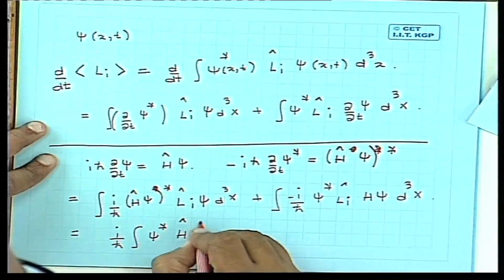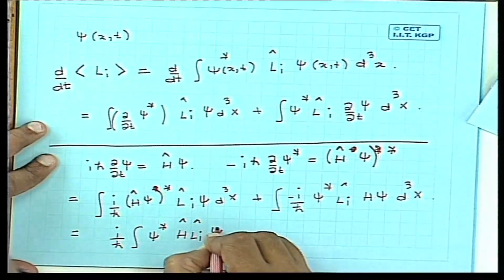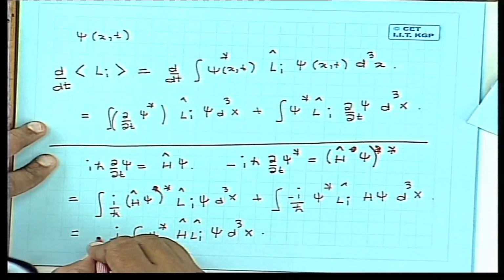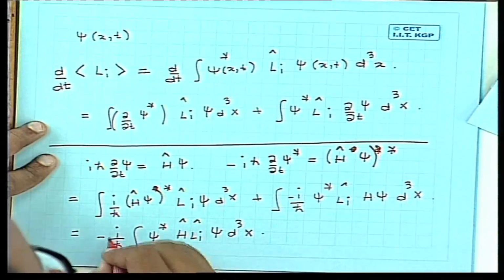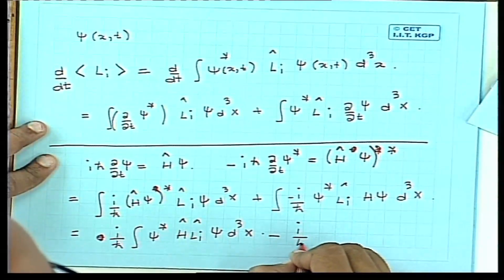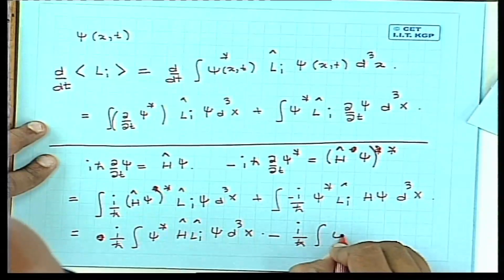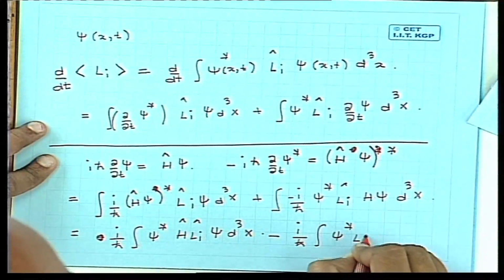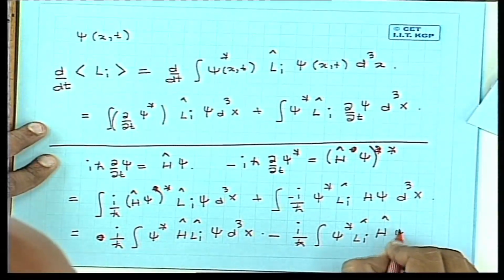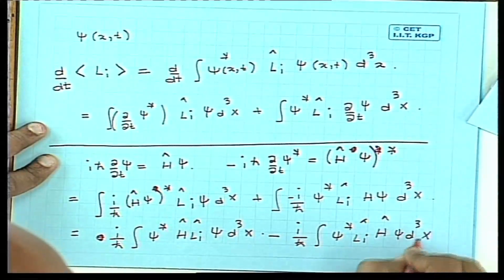So this is equal to this acting on psi d cube x. No, sorry, the minus sign will appear here, with the minus sign i by h cross, and here I have psi star Li H psi d cube x.